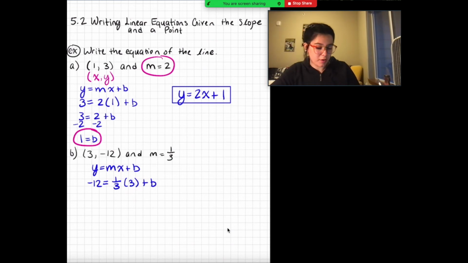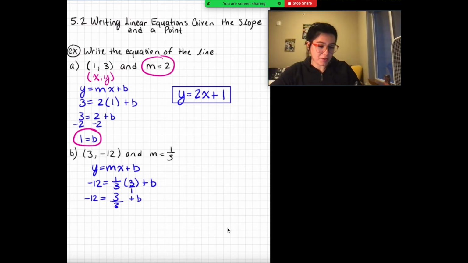So we're multiplying across fractions. Remember that 3 is technically 3 over 1. So on the left we have negative 12 is equal to, so we multiply across the top, 1 times 3, which is 3. And then we multiply across the bottom, 3 times 1, which is also 3, plus b.